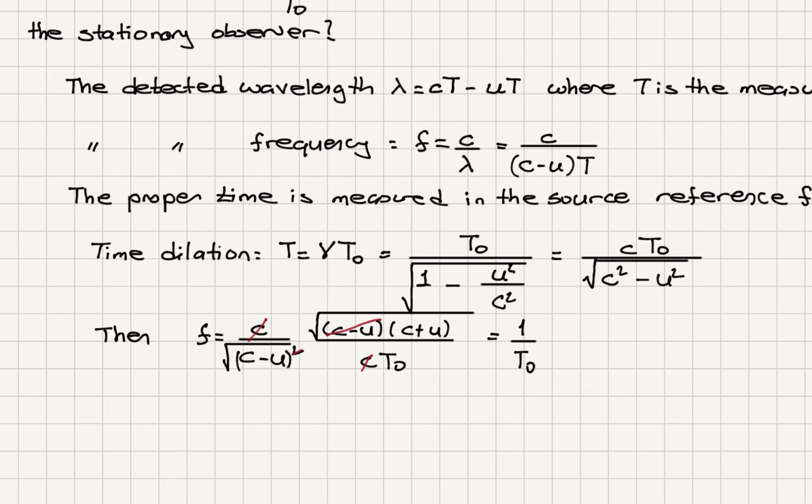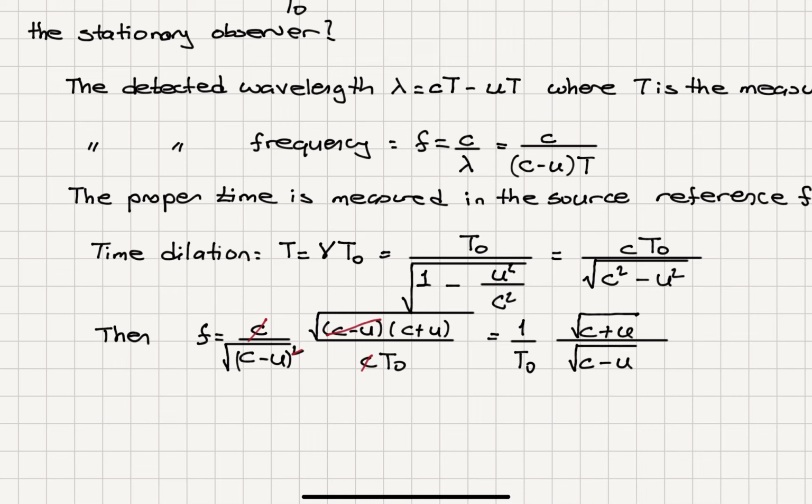So this will give me 1 over T0 times the square root of c plus u divided by the square root of c minus u.